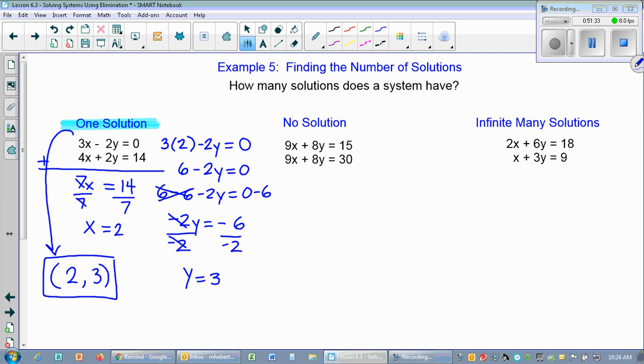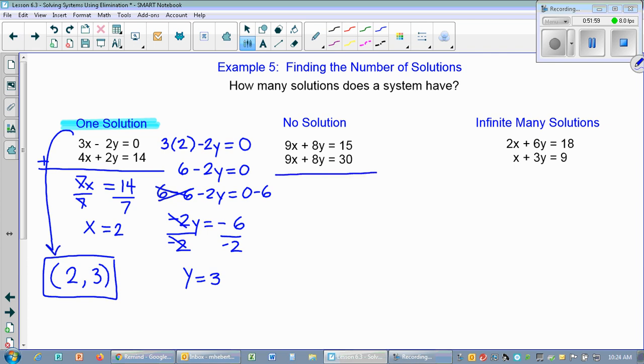For a no solution, we're going to look at our equation. We notice that the coefficients of our x's are both 9, and the coefficients of our y's are both 8. Looking at the coefficients, they have the same sign. So if they have the same sign, that's right, subtract.